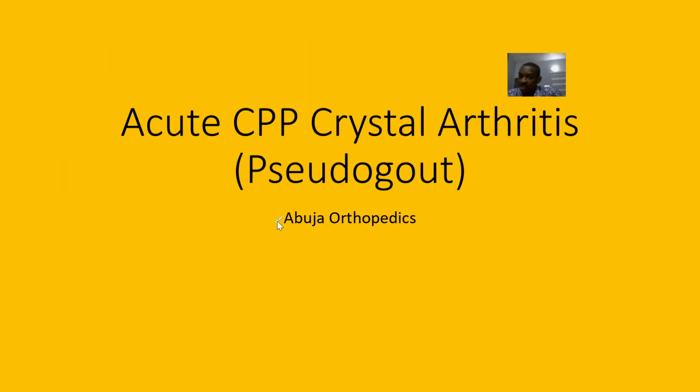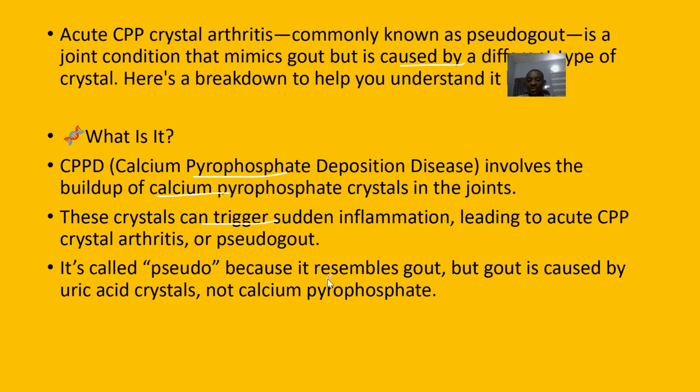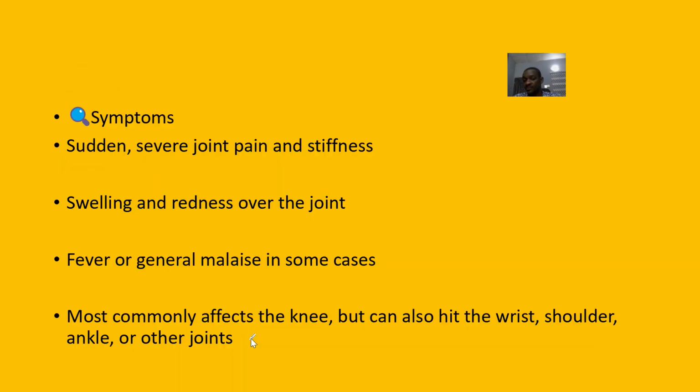That's the one we are talking about, because of the deposition of calcium pyrophosphate deposits. It's called pseudo because it resembles gout, but it's not real gout. Gout is caused by what? Uric acid crystals, not calcium pyrophosphate. So hence the name.